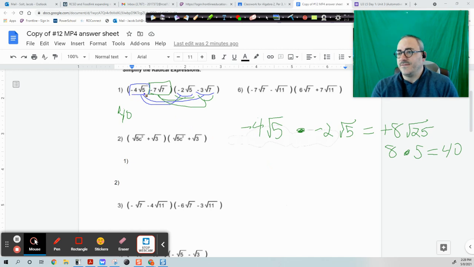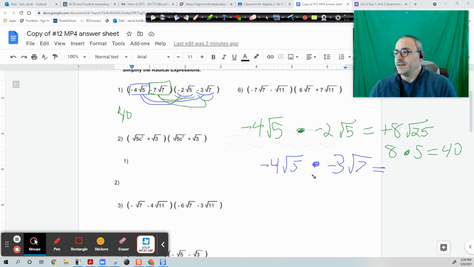Then I'm going to do -4 times radical 5 times -3 times radical 7. Now I'm taking the coefficients and multiplying those together. 4 times 3 is 12.